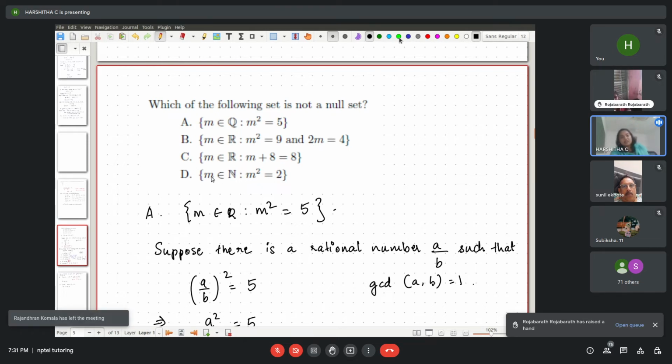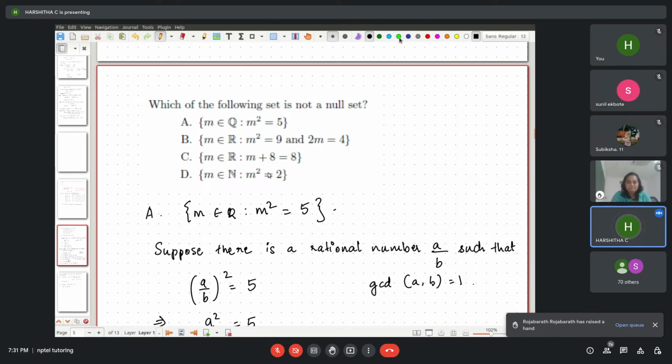Again the same thing. You are looking at all those natural numbers whose square is a prime number. So just like what we did in the case A, you can show that this will be a null set. So I'll just take a pause. Are there any questions?